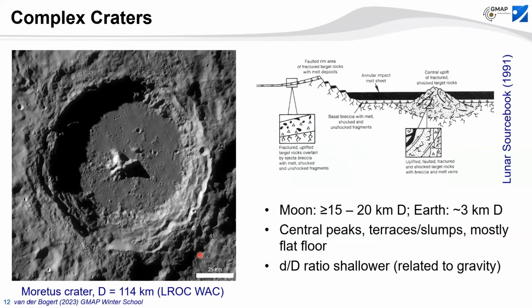Okay, so what does a complex crater look like in detail on the moon? Here is an example that's 114 kilometers in diameter. That's Moretus crater. It's on the southern lunar near side. And here is this central peak that defines it as having one of the features of a complex crater.